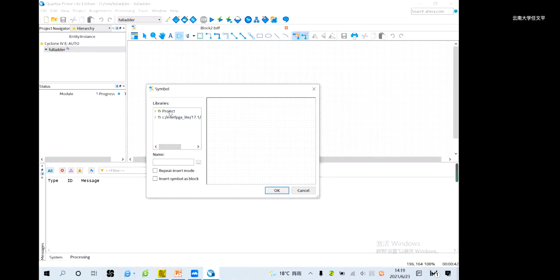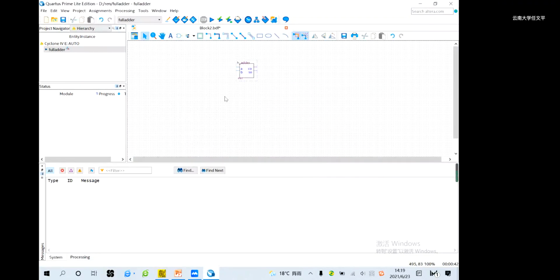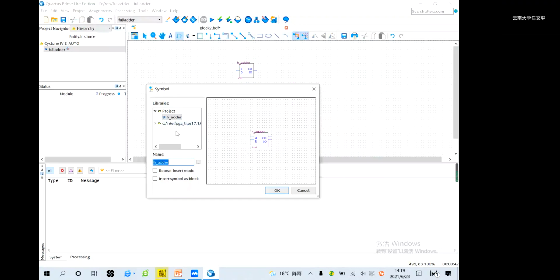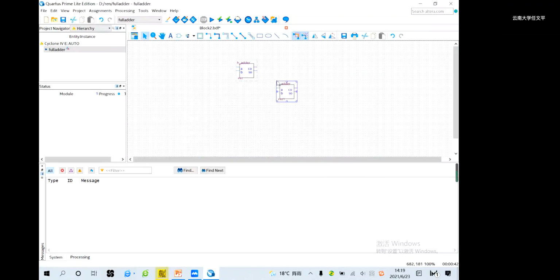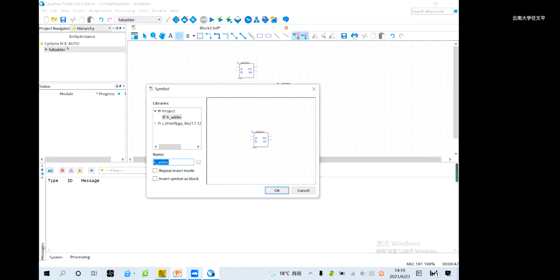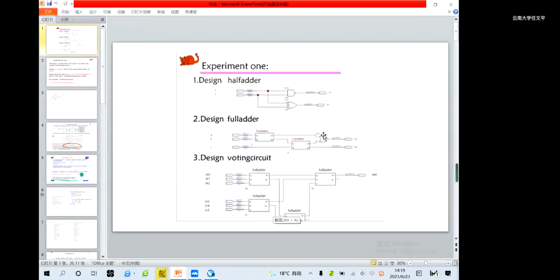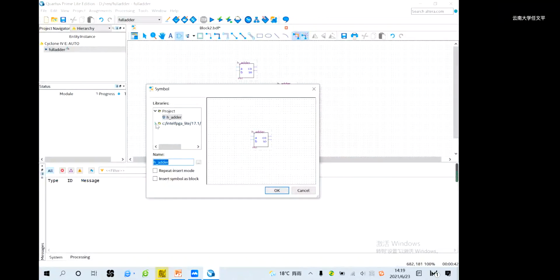So I open this library. The symbol we created is put in here. And this is put in this library.